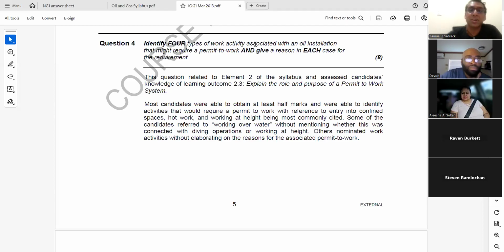But I think I had to take off what I was taking off. What I wrote now, I was saying to you all, this question is two things, you have to be careful, right? When you identify the work activity, you have to give a reason. That's going to be linked to the permit, like how we said, the entry into the, well, not that one, I'll use another one.